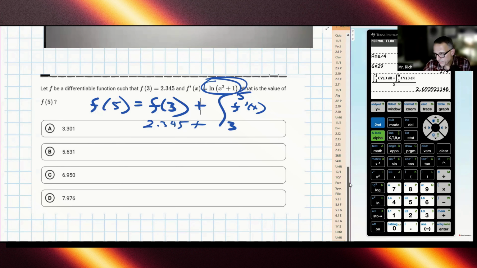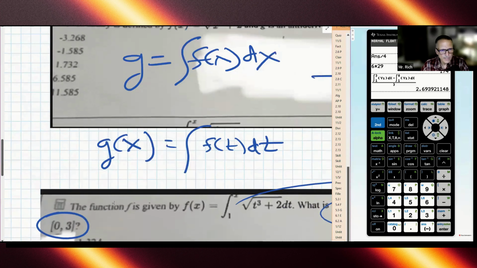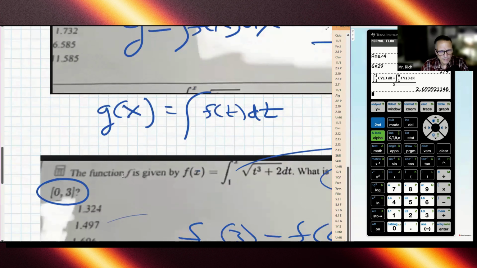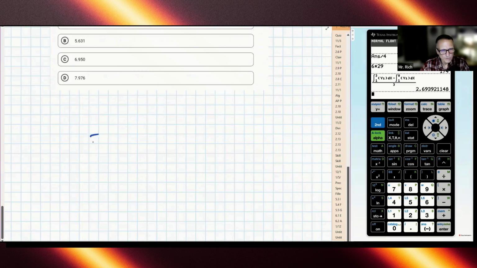Issy says, how do you put sine squared x in your calculator? That's a good question. Let's just suppose the function you're trying to put into your calculator is sine squared x.